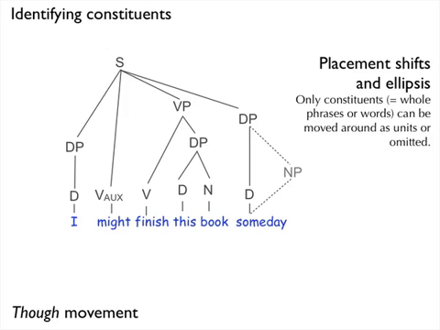I might finish this book someday. Single word, right? That might be some and day that have been smushed together somehow or other, right? Or maybe not. Could be just a D. This is not a simple problem. Just an N. Is someday just an N or some, there's another homework assignment.